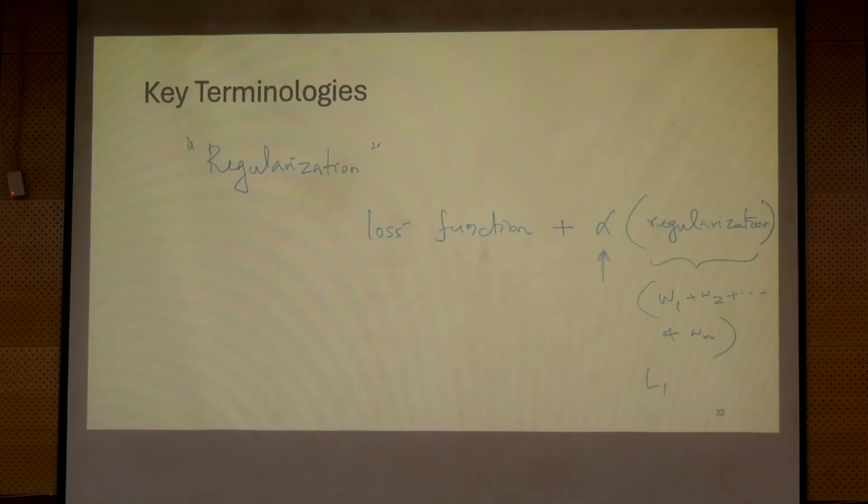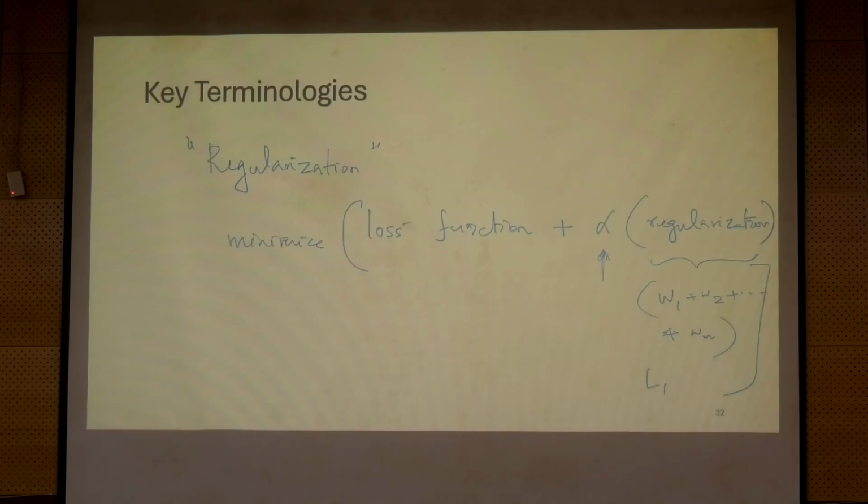The objective of L1 regularization is to make the weights 0, because this is a loss function and you want to minimize this, right? The goal of the problem is to minimize this entire loss function. So to minimize this, the weights have to go to 0.